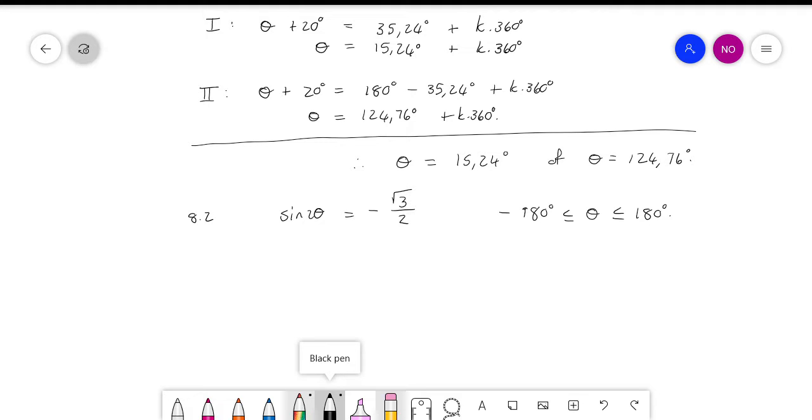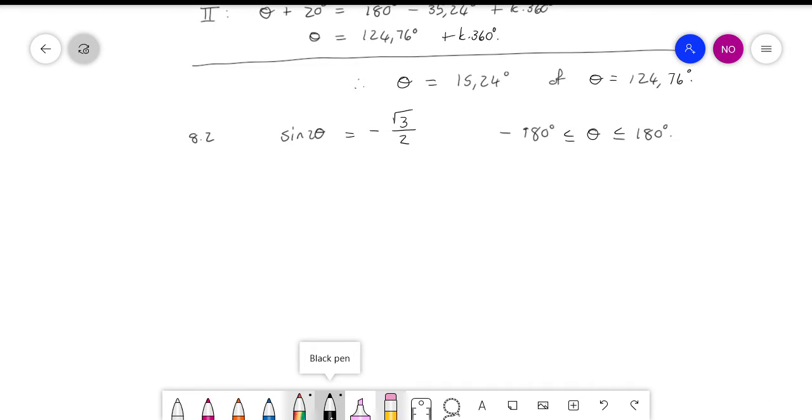So in which quadrants will sine be negative? 3 and 4. And instead of writing theta here, you write 2 theta. In 3, it'll be 180 plus. In 4, it'll be 360 minus. Nee?